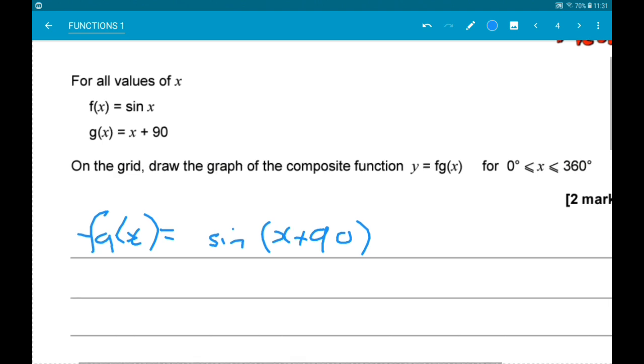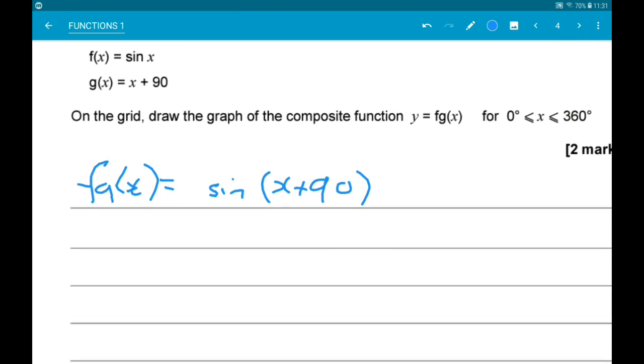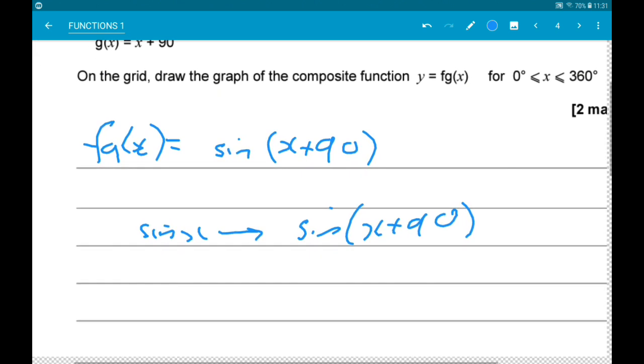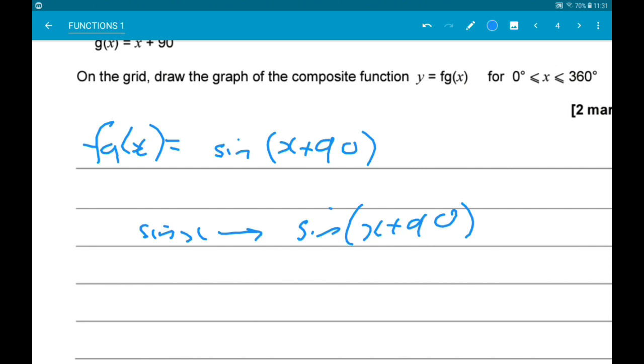So we have mapped sine of x to sine of x add 90. Now that sort of transformation results in a 90-degree translation left.